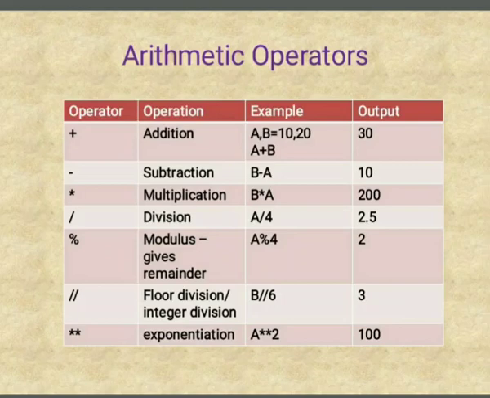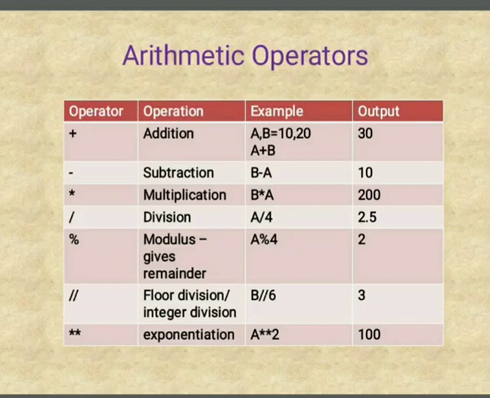For example, we have two variables a and b with the values 10 and 20 respectively, and if we write the expression a + b, the two numbers, 10 and 20, will be added and the output will be 30. Next, minus. Minus means subtraction. Here, with the same values, if we write the expression b - a, the value for b is 20 and a is 10, so 20 minus 10 will be 10.